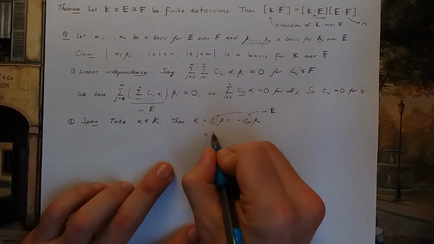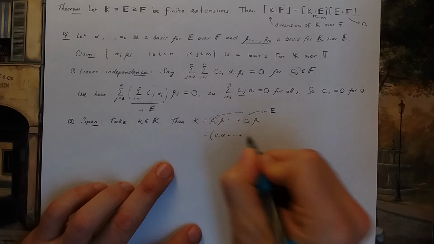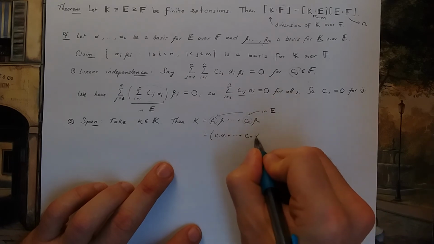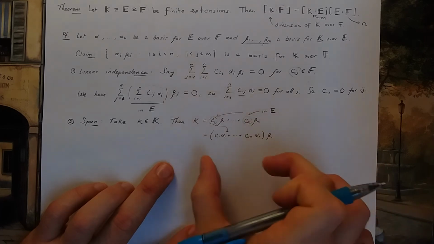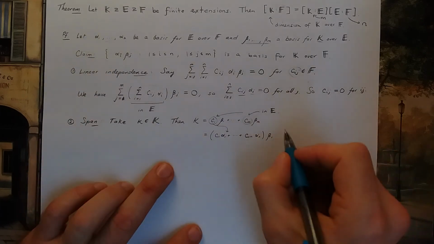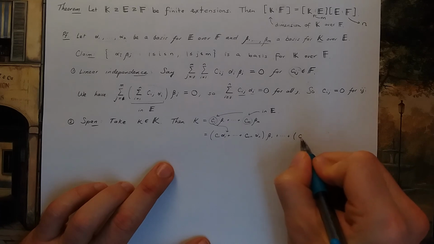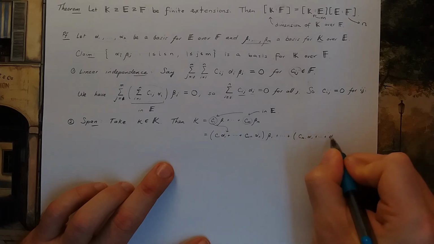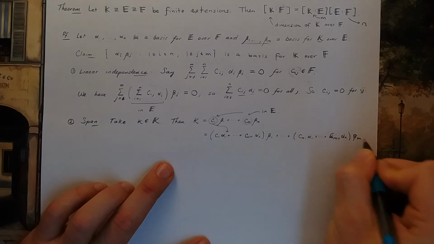So I could say that this is C11 alpha 1 plus up to C1n alpha n, times beta 1. I'm expanding that constant C1 as a whole linear combination of alphas. You could do this for each term, so I could get Cm1 alpha 1 up to Cmn alpha n beta m.